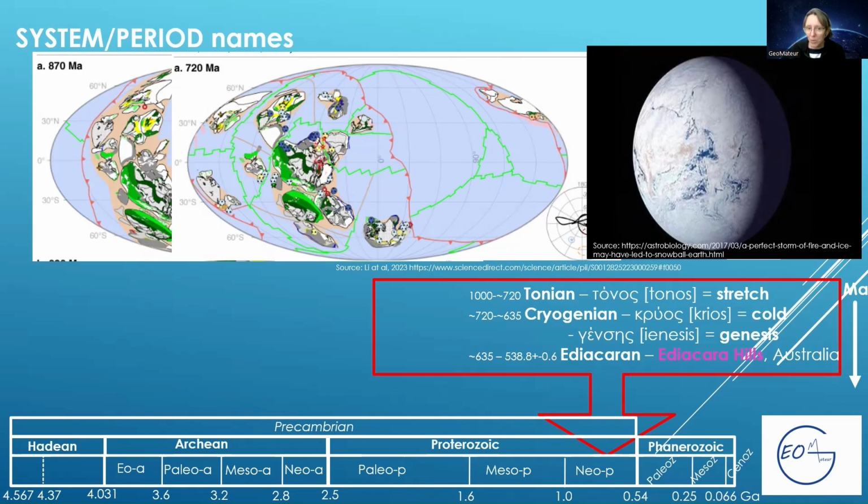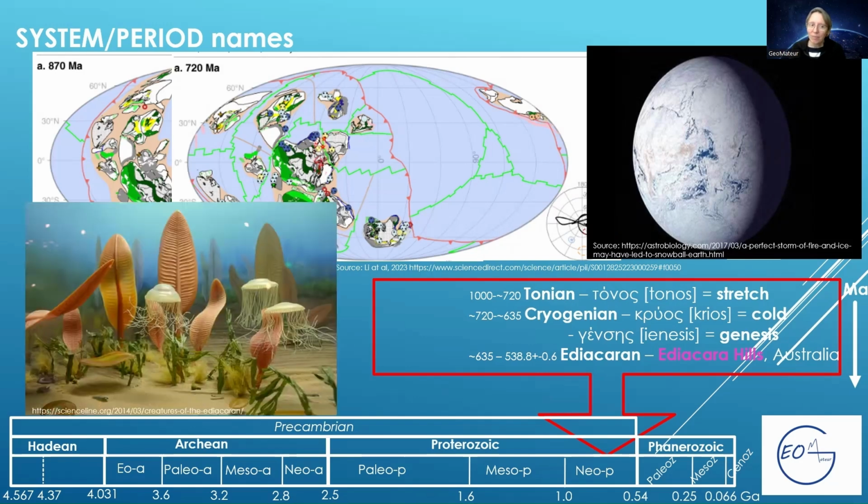The next unit, Ediacaran, the name comes not from Greek, I'm very sorry, but from the Ediacara Hills in Australia, where Ediacaran biota fossils were found.